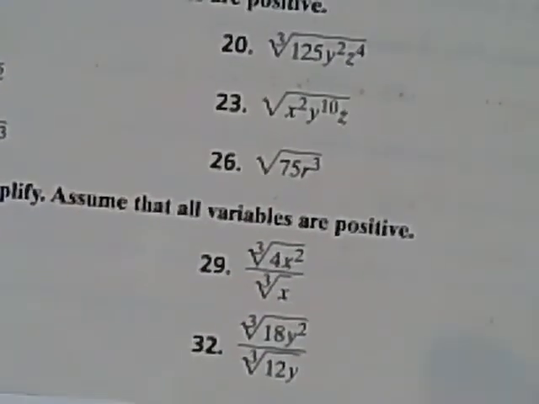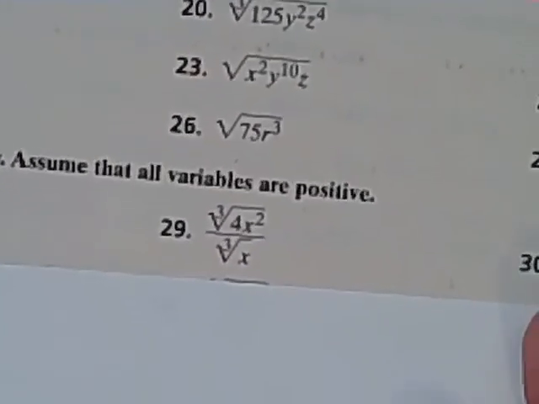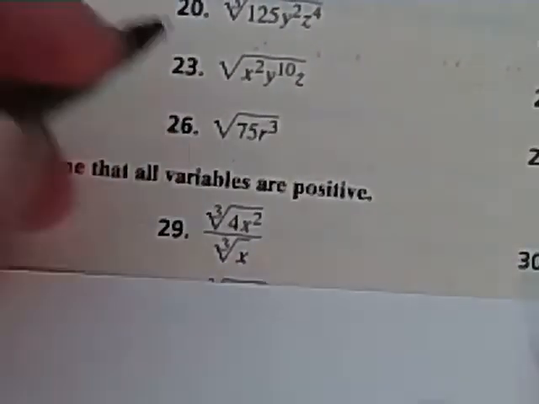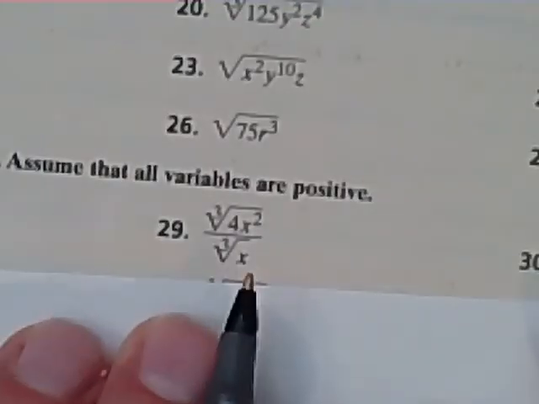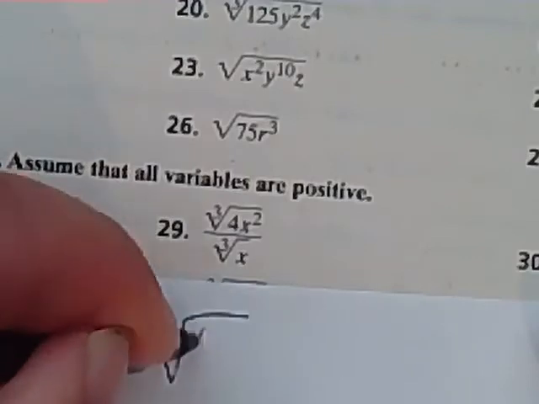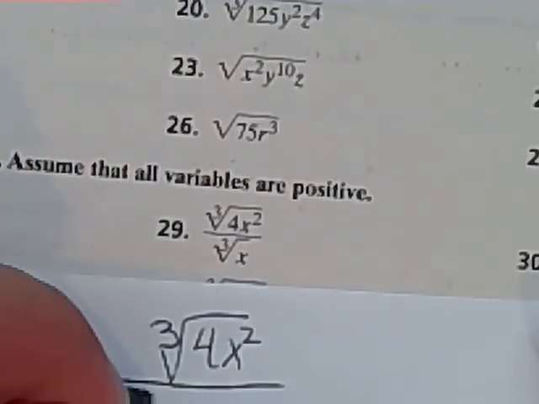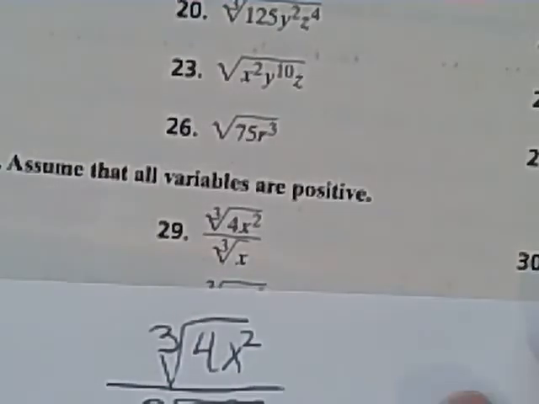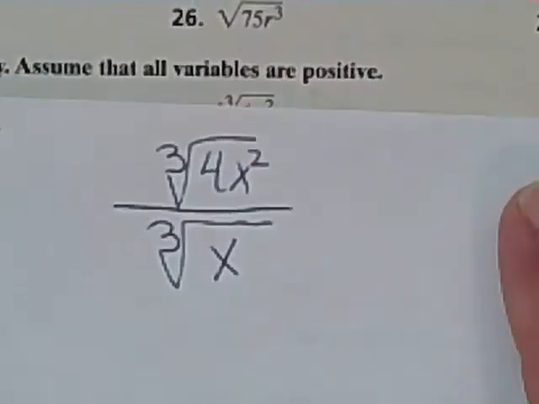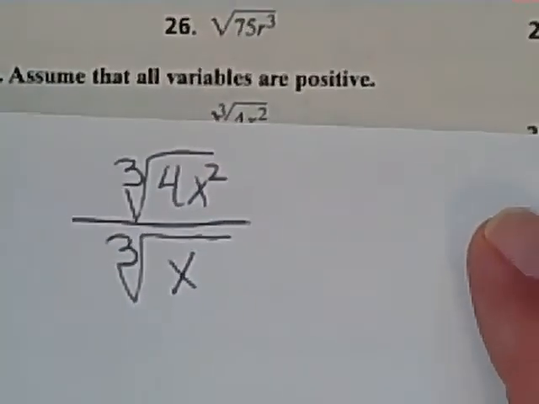Let's do another one. How about number 29? It says, divide and simplify. The cube root of 4x squared divided by the cube root of x. Great.